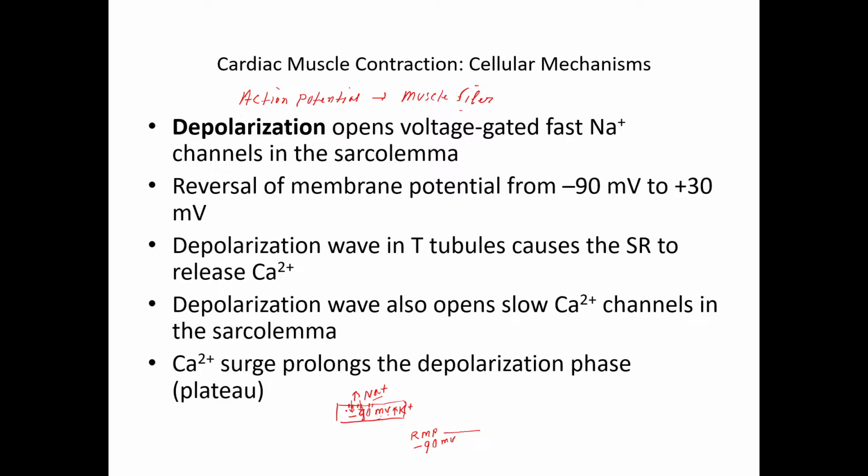Now sodium channels got opened, and these are voltage gated sodium channels, so abruptly they will open, and a lot of sodium will quickly get in because sodium concentration is high outside.